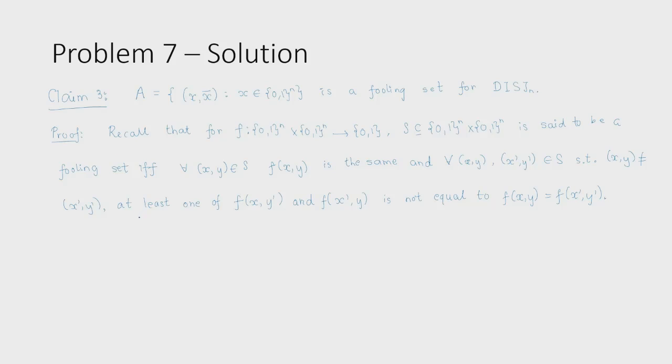So this is the definition of a Fooling set, right? Now we want to prove that A is a Fooling set for this function.